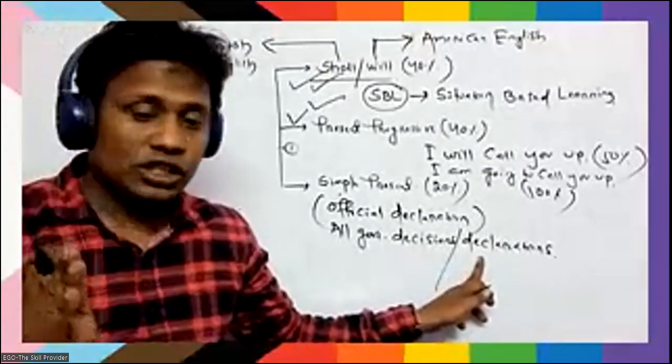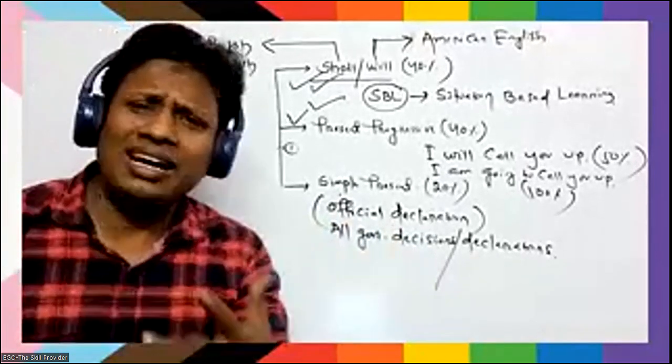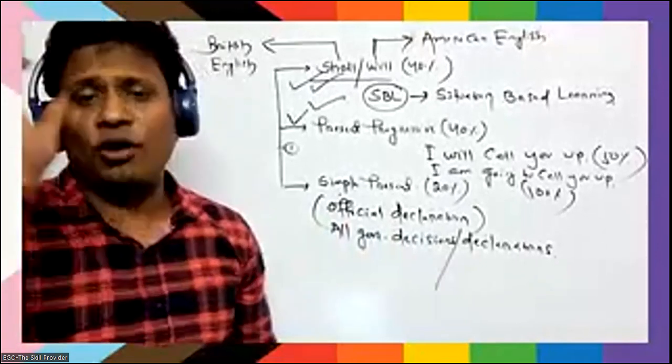For these two things you are supposed to use this, and that is called official declaration, right? So there are countless examples you can give. Let me give a very small example.